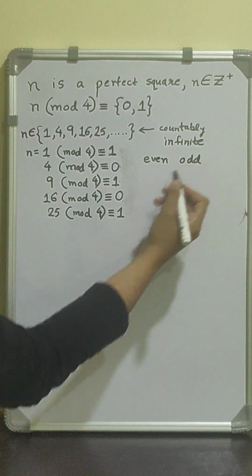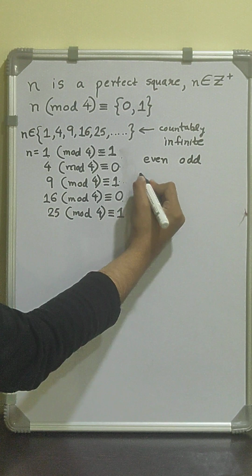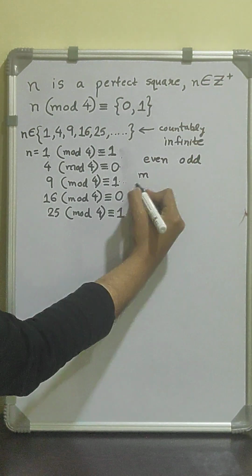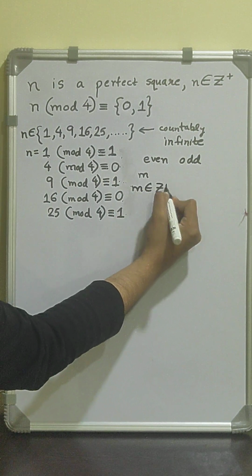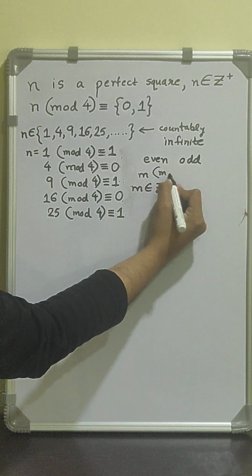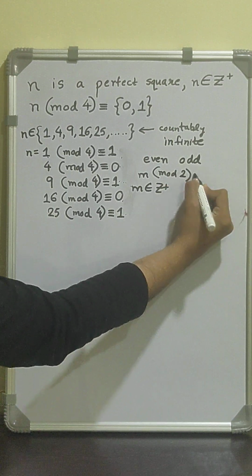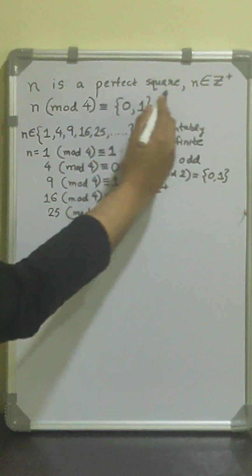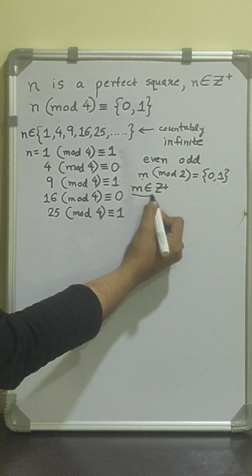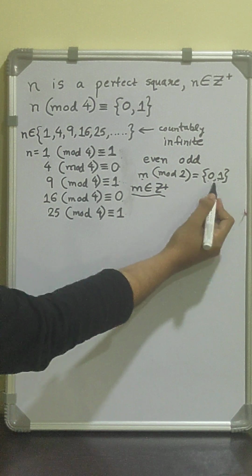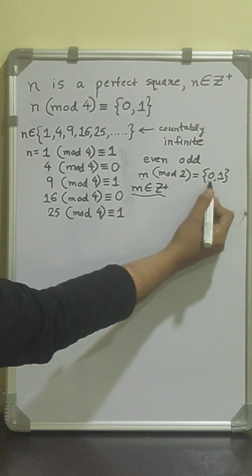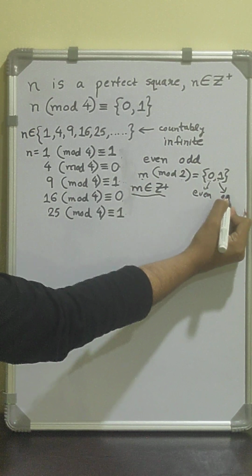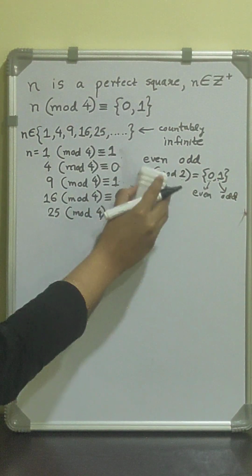Because even and odd is just about any positive integer m. When m is divided by 2, this will always be 0 or 1. m doesn't have to be a perfect square, m is just any number, but it will always be 0 or 1. If it's exactly divisible by 2, it's 0, we call it even, and if it's 1, then we call it odd. That's pretty basic and we know it.